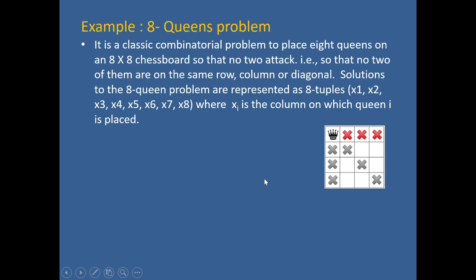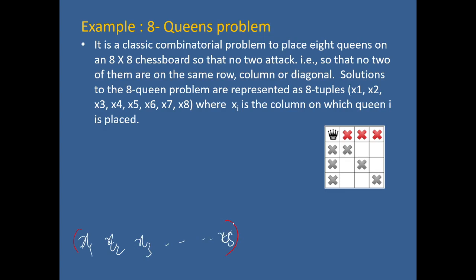As you have to place n queens, the answer is an n tuple. Suppose you have to place 4 queens on the board, the answer is a 4 tuple. If you want to place 8 queens on a board, the answer is an 8 tuple. So the answer will look in this way: X1, X2, X3, and so on up to X8.